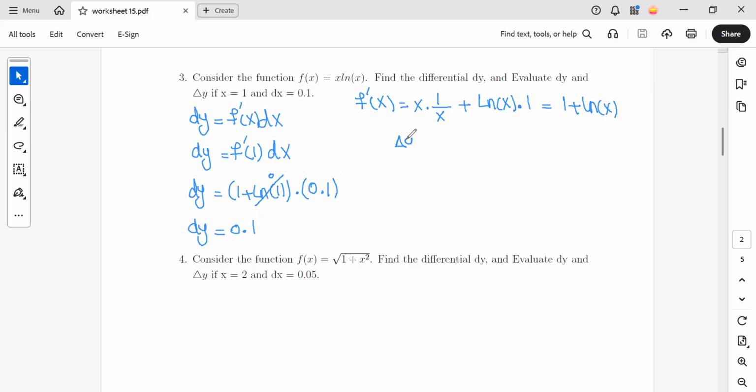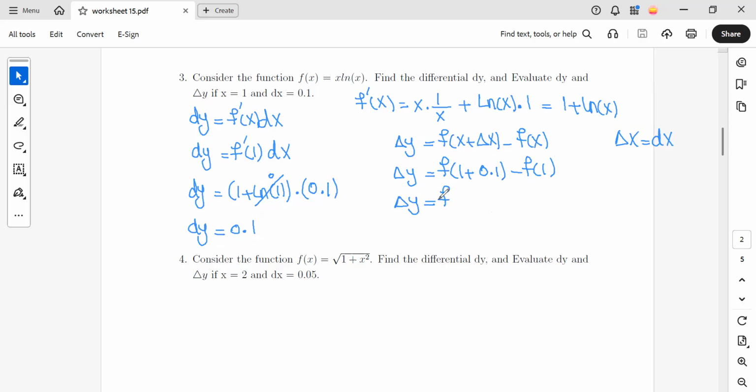Next one is delta y, which is f of x plus delta x minus f of x. In here we know that delta x is the same as dx. So f of 1 plus 0.1 minus f of 1. We know that f of x is x ln of x. So we have delta y equals f of 1.1 minus f of 1.